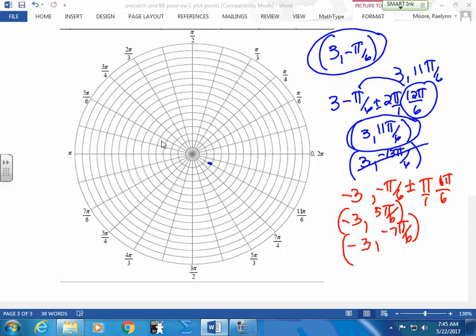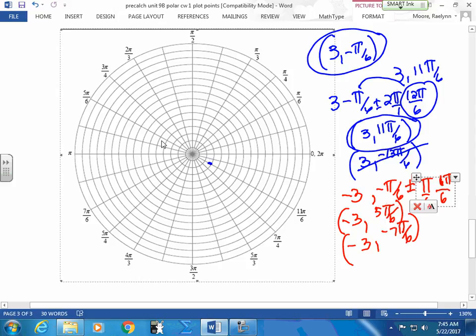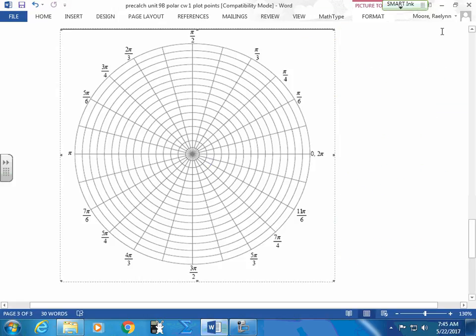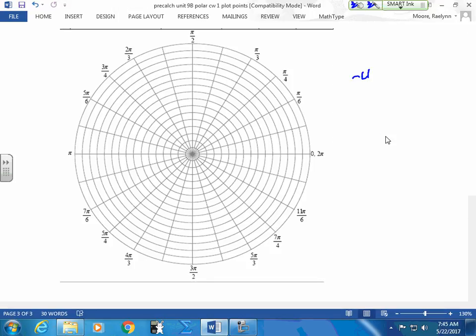Let's do a negative. Are we okay with this? Now, I technically can't plot this point, because I can't plot a negative radius, right?